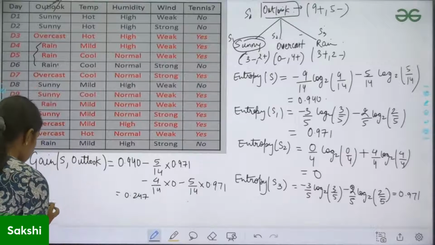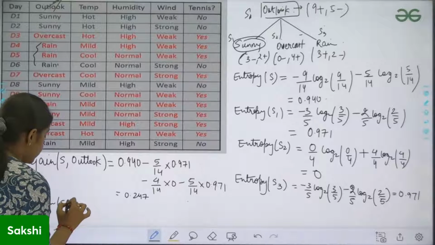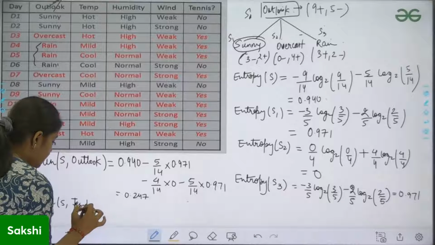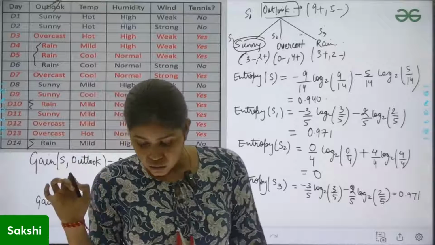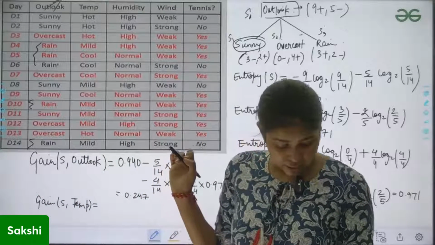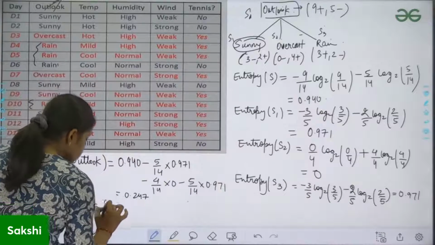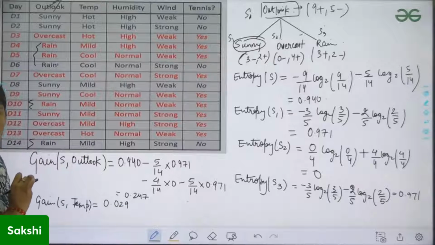So I know that if I split it using the temperature feature, I got this information gain when I solved it. You can solve it by yourself. For temperature, I got 0.029. That means I am getting very little information using this temperature feature.